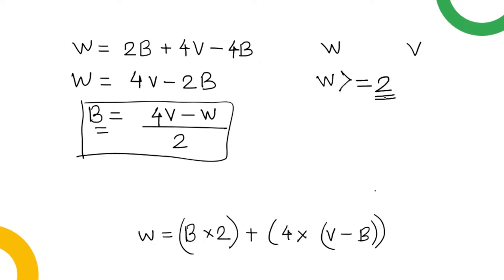Suppose the user enters the number of wheels as 2, then it is valid, because by using 2 wheels we can manufacture one bike. So at least the number of wheels should be 2. So I have written here the first condition as number of wheels should be greater than or equal to 2.